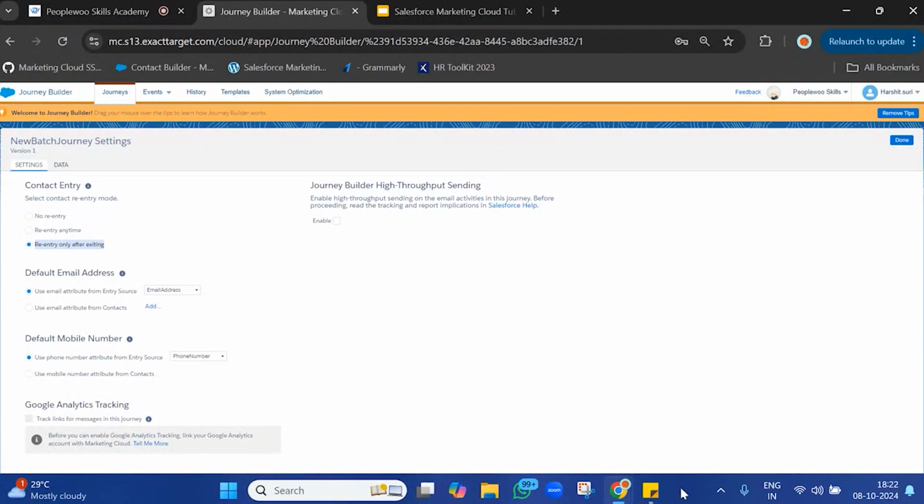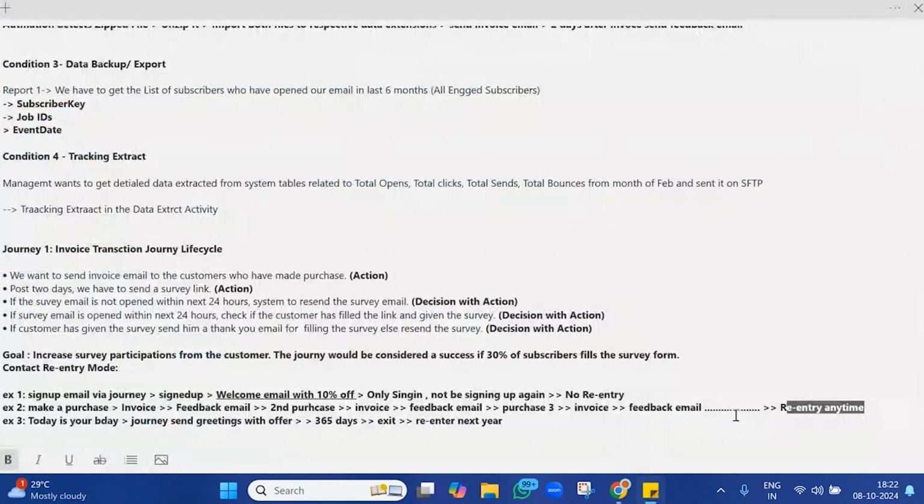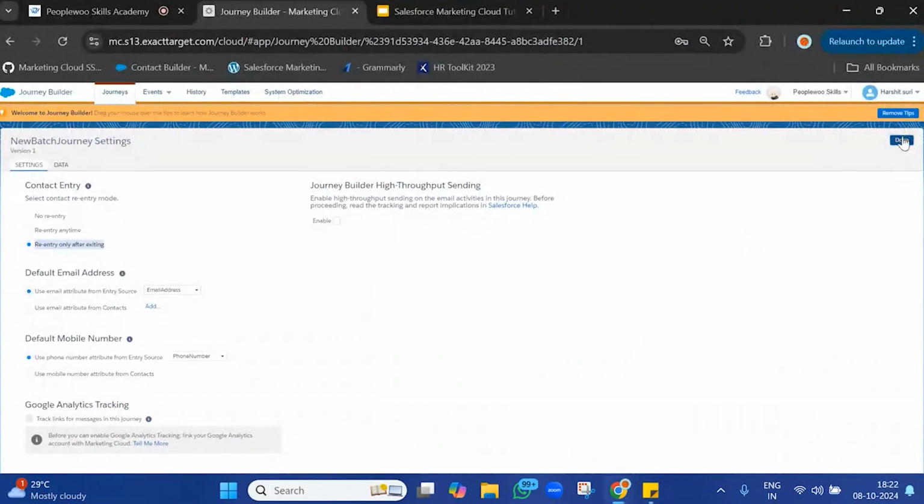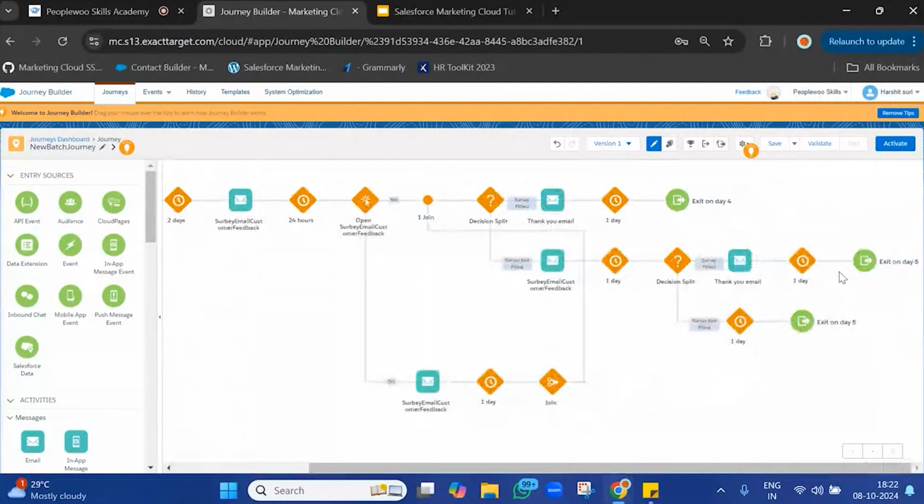You have a journey where the wait period is 365 days. Here we can have a wait period before exit. So if you enter, you wait for 365 days. Once you get the email, you exit on the 365th day, and re-enter on your next birthday.